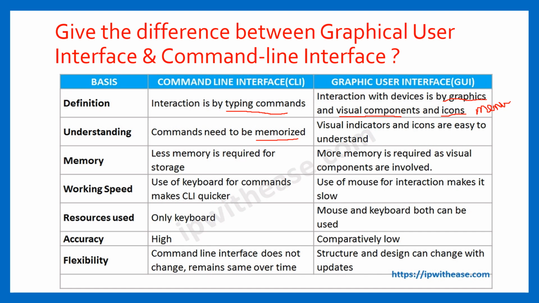So using keyboard, it is quicker, and using mouse interaction, it is slow. Resources used is only the keyboard. You are using the resources in CLI. While coming to GUI, you use mouse and keyboard both for using the resources. Accuracy is very high in CLI. When compared with GUI, GUI is a little low.